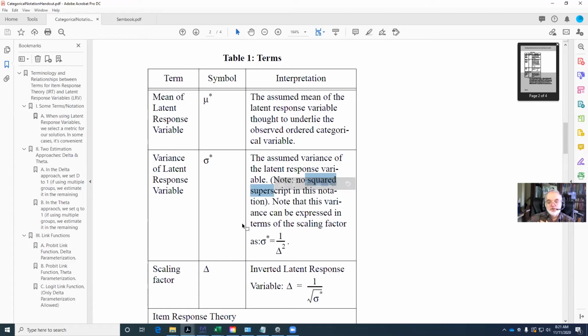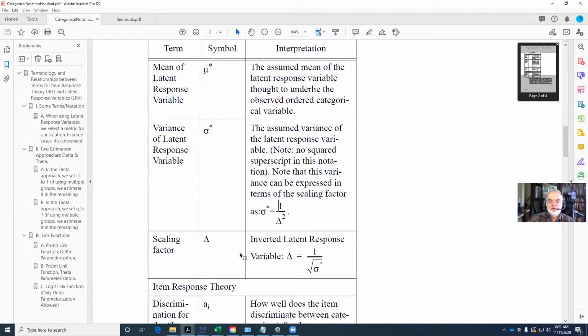And there's this other little beast that we talked about last time called a scaling factor. Well, the scaling factor can be the variance. The variance can be expressed as 1 divided by the scaling factor squared. The reason we're mucking around with the scaling factor is kind of a technical math thing.